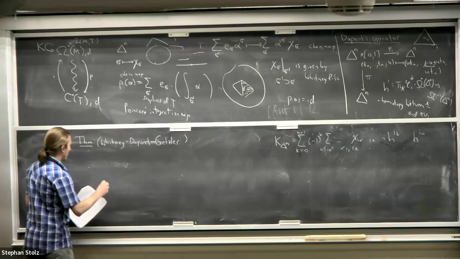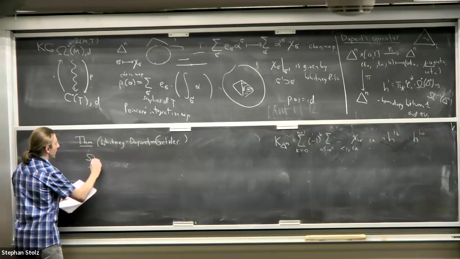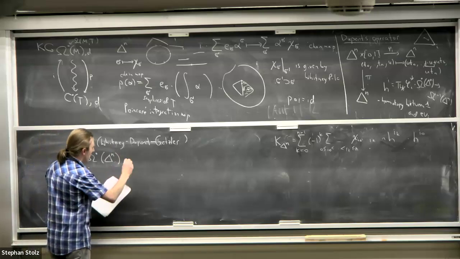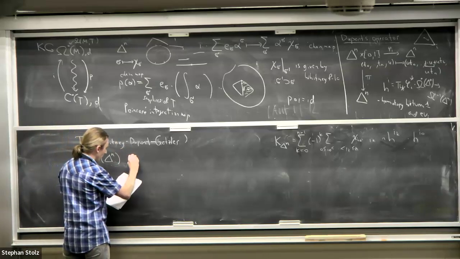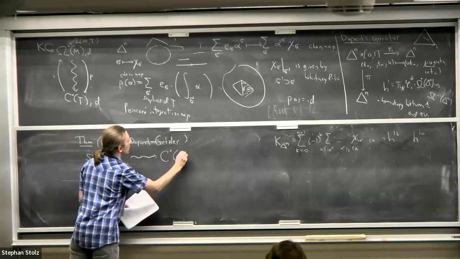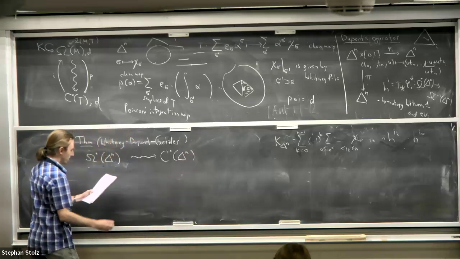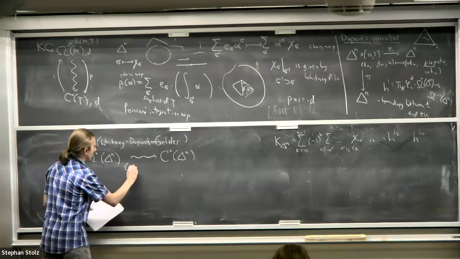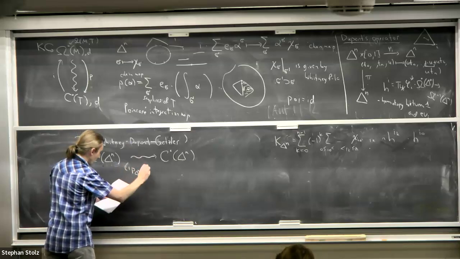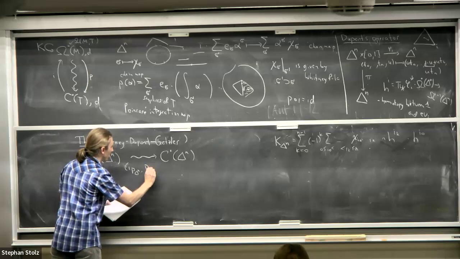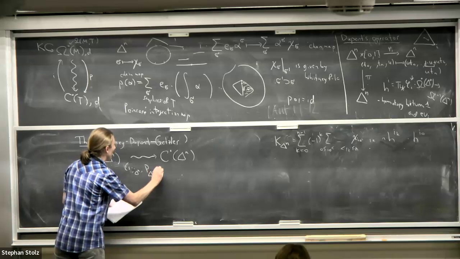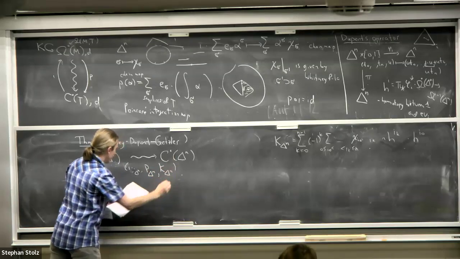So what you have is strong deformation retraction data from differential forms on the simplex to cochains on the simplex. With inclusion by Whitney forms, with projection by the integration map over faces, and the Dupont's operator.